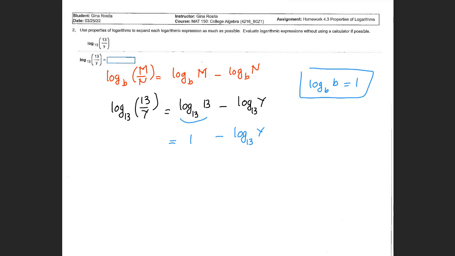Number 3. The same here, number 3 is the quotient rule. Just write down the formula again: logarithm of m divided by n with base b equals logarithm of m with base b minus logarithm of n with base b.